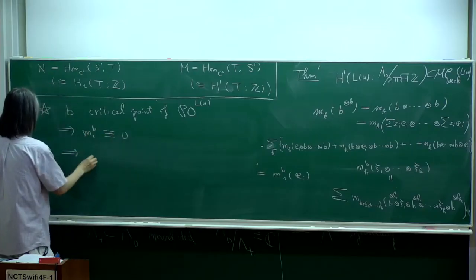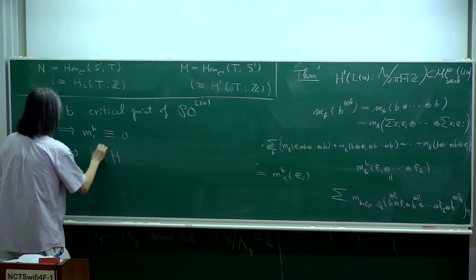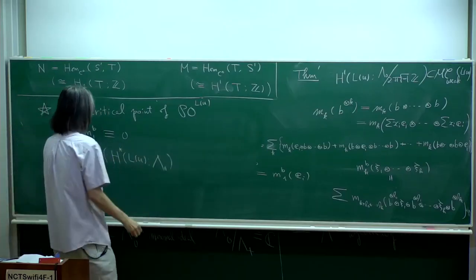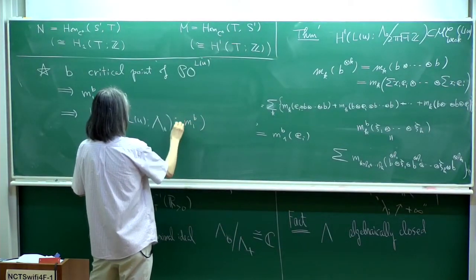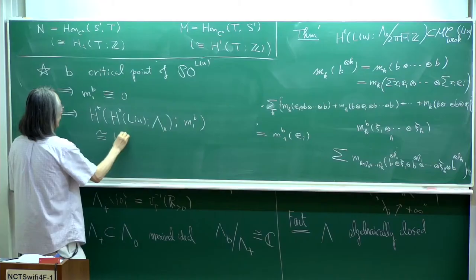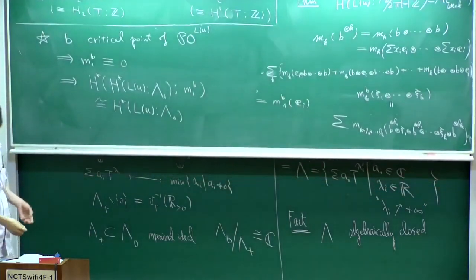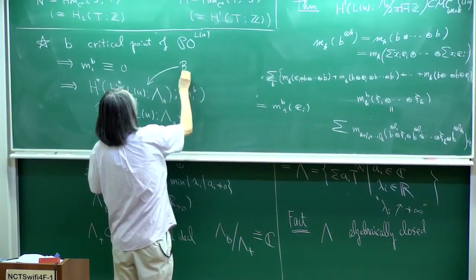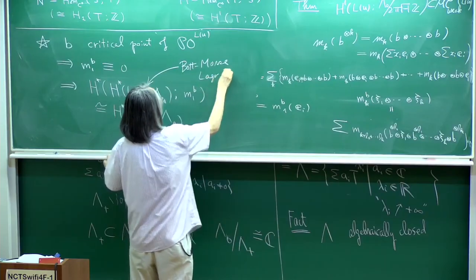Therefore, if you consider the cohomology with respect to this M1B, which is a differential, it is certainly isomorphic to the cohomology of this, because the differential is trivial. And so this one is in fact this bottommost type Lagrangian Floer theory.